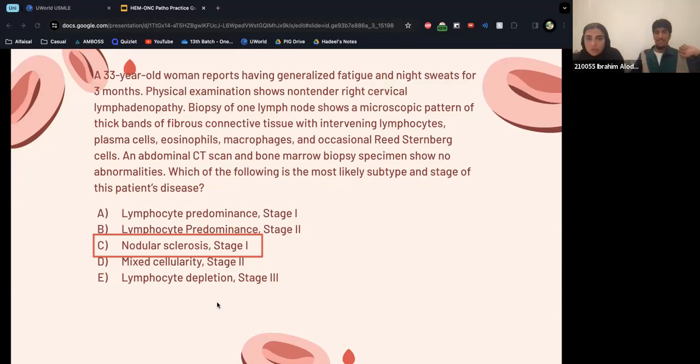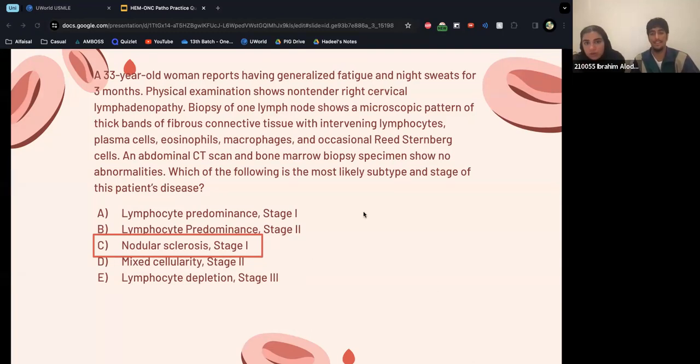What is the hint for stage 1? The hint is in the question. Yes, one lymph node on one side of the diaphragm. Perfect. Good job. That's exactly what I was looking for.